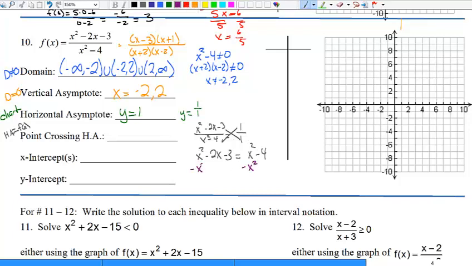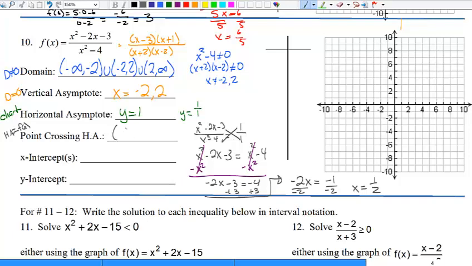So I subtract x squared from both sides, which fortunately gets rid of the x squareds. So now this is a much simpler linear problem. So I'm just going to solve for x. And that gets me negative 2x equals, let's see, negative 4 plus 3 is negative 1. And I'm getting x is equal to 1/2.